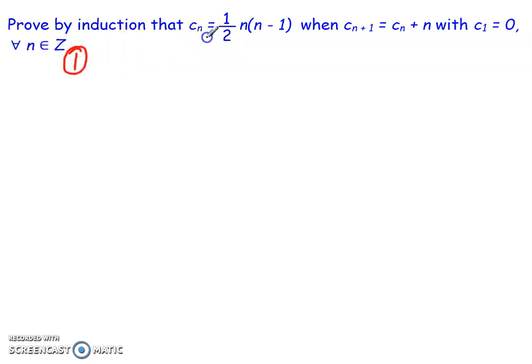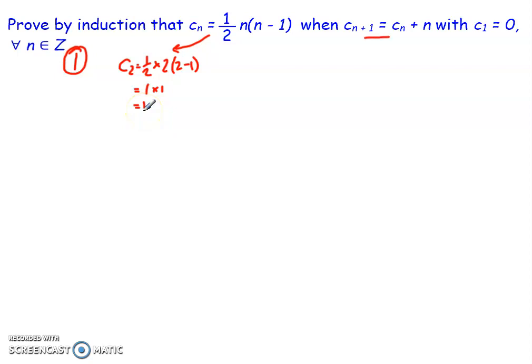So let's imagine I'm going to look at this first. So using this format, I know that C2 is equal to a half times n, which is 2, bracket 2 minus 1. So that's equal to a half times 2, which is 1, times 2 minus 1, which is 1. So my term C2 is equal to 1.